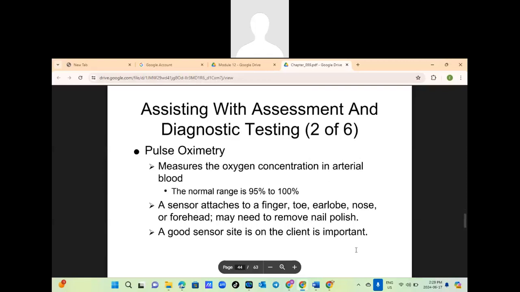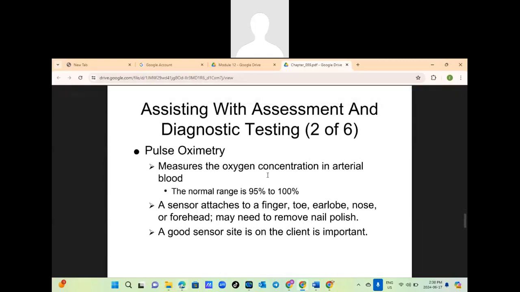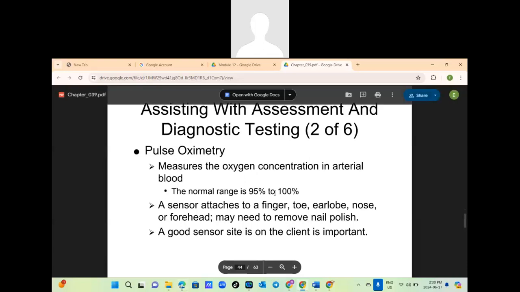oxygen. It depends on factors such as the capacity of your hemoglobin, because hemoglobin contains iron, and the iron picks up the oxygen and transports it to different cells in the body. So again, oxygen concentration in the arterial blood is 95 to 100.